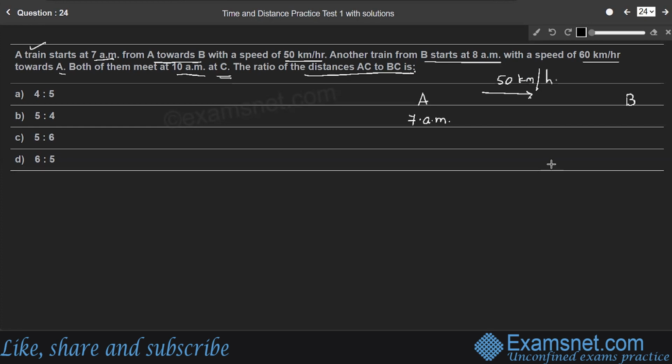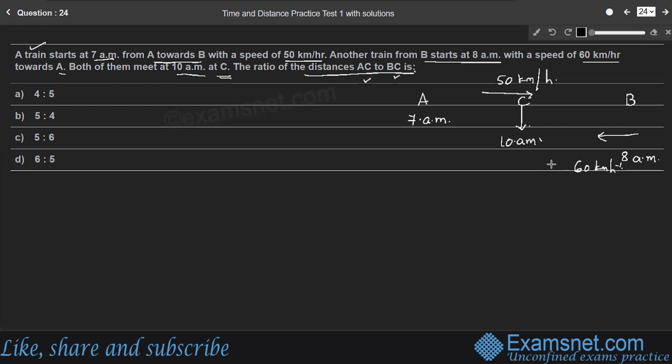Another train starts from B towards A at 8 a.m. with the speed of 60 kilometers per hour. Both the trains meet at 10 a.m. at some point, which is C. At point C, both the trains meet. So here we need the ratio between the distances AC and BC.